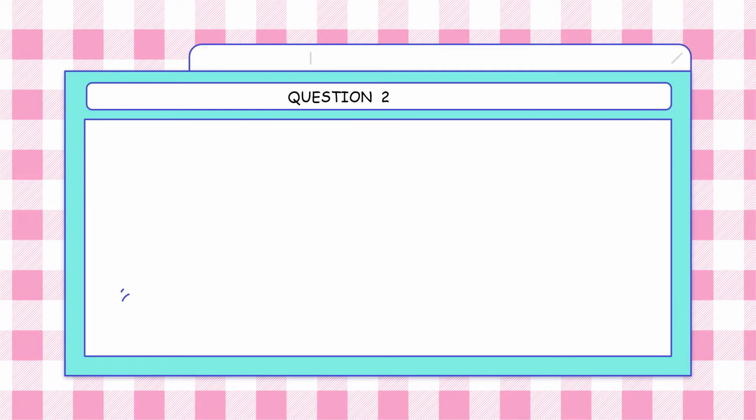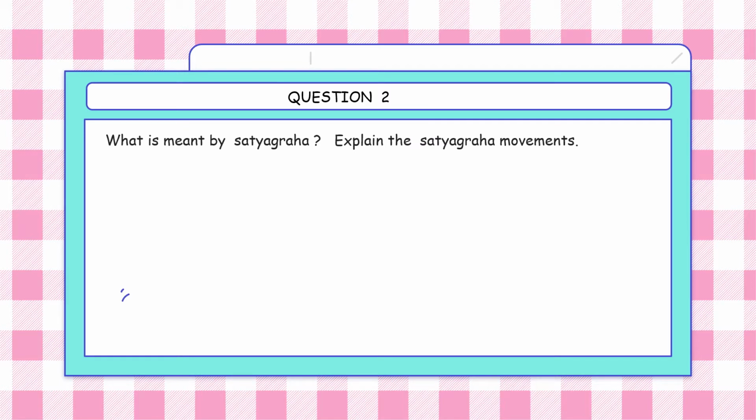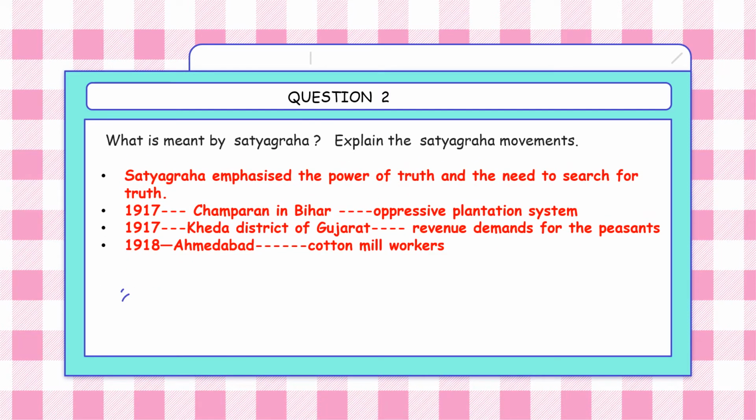Now children, let's see what is question number 2. What is meant by satyagraha? And explain the satyagraha movement. A very important map question. So let's see the answer to this. Satyagraha emphasizes the power of truth and the need to search for truth. That's all.